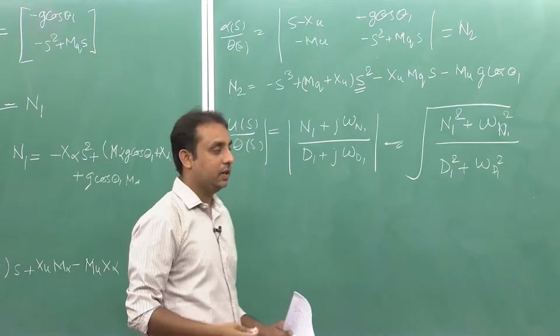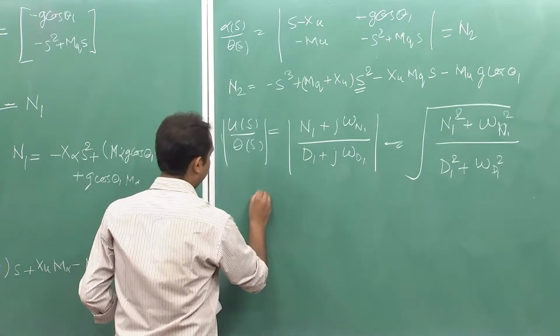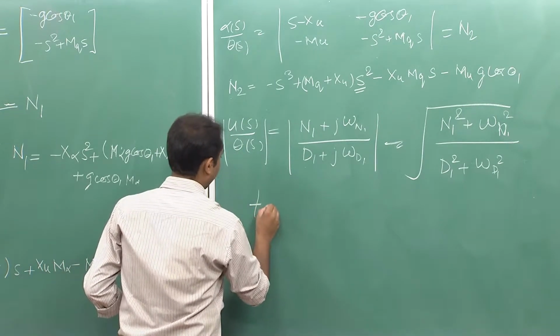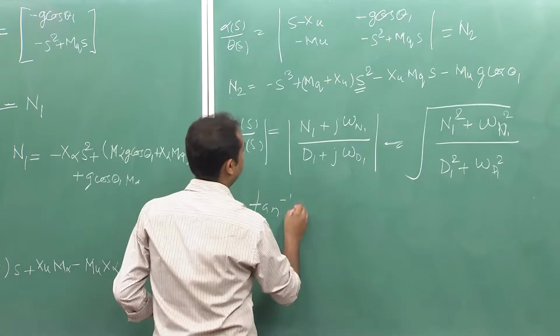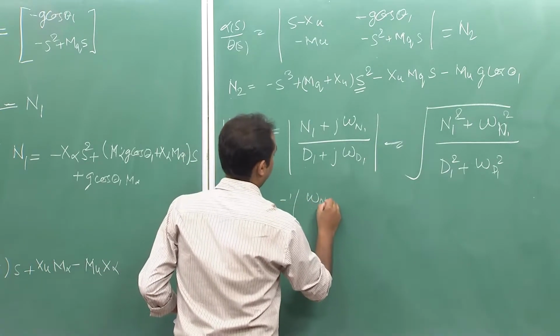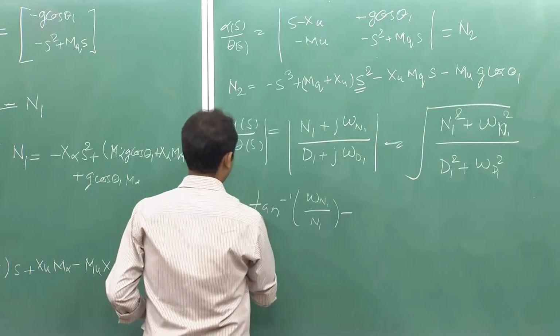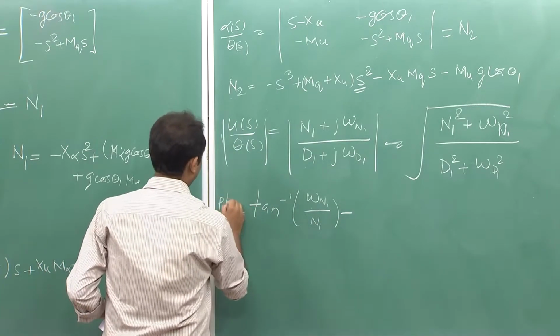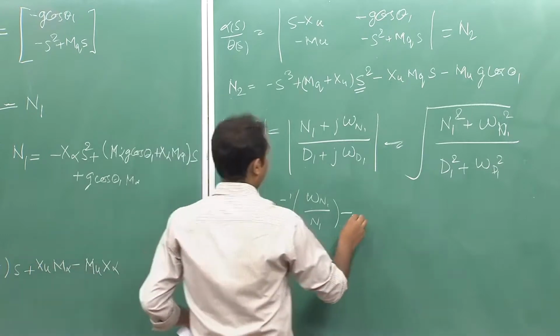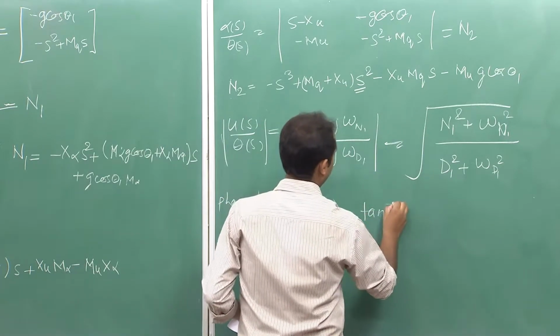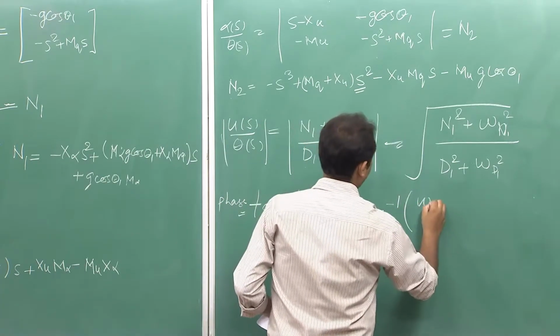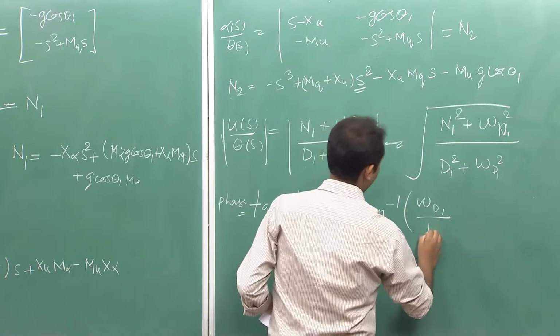And your phase will be tan inverse of omega n1 upon n1 minus tan inverse omega d1 upon d1.